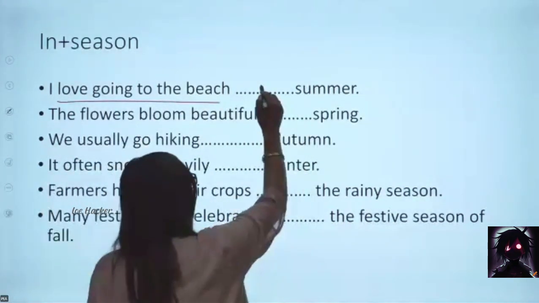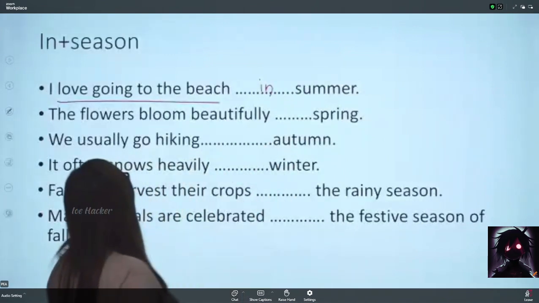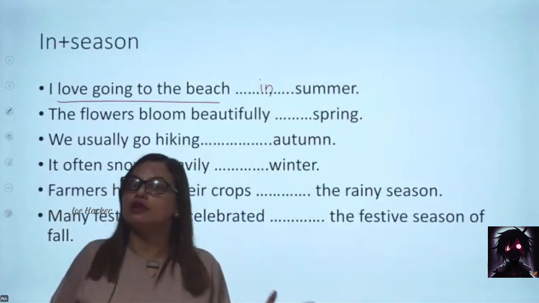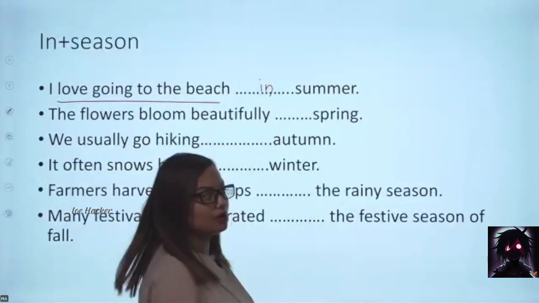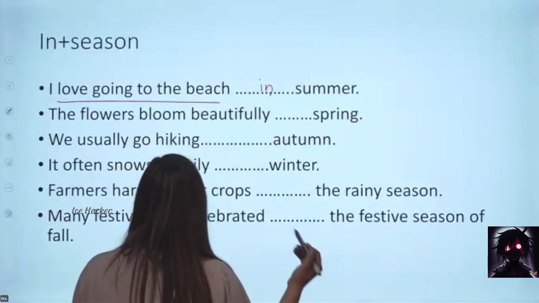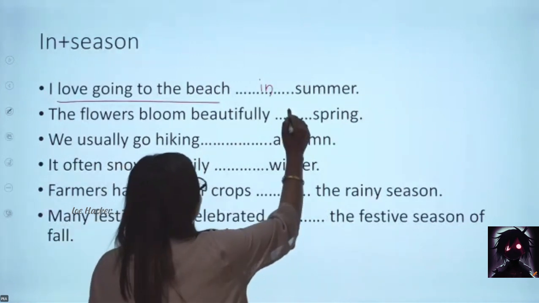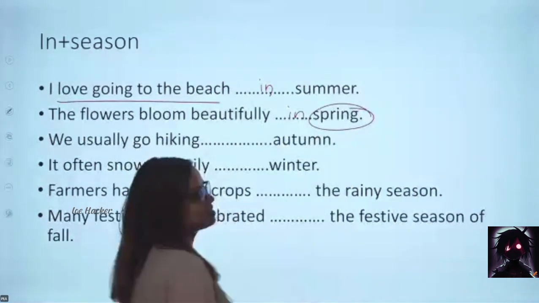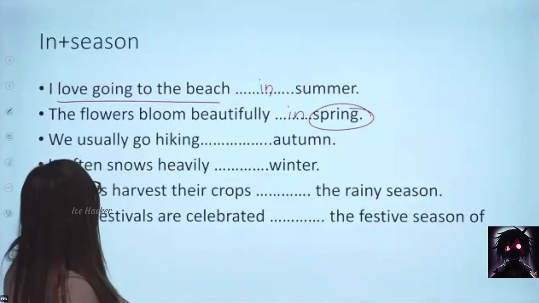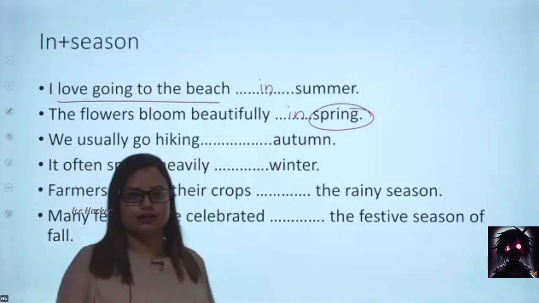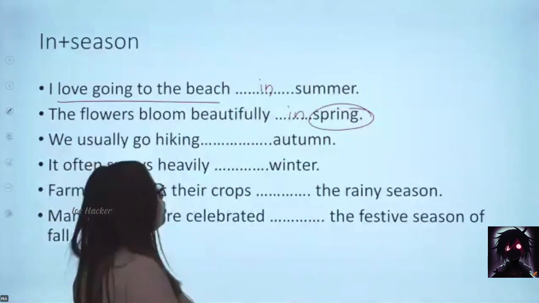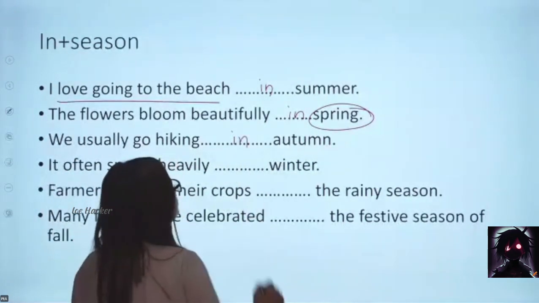So summer is a season. The flowers bloom beautifully in spring. Spring is your season. And another, we usually go hiking when? When do you go for hiking? Yeah, for hiking, we go in autumn.